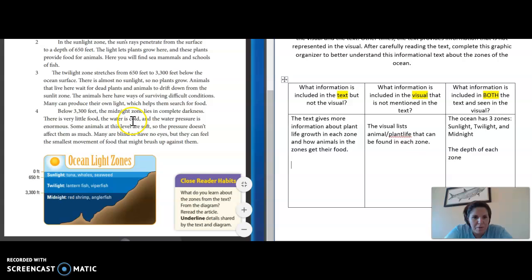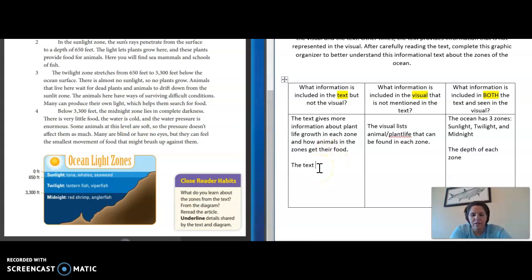Now, it did give me a little bit more information about the temperature, right? I didn't really see it in the visual, but the text did say that the midnight zone is very cold and the water pressure is enormous.